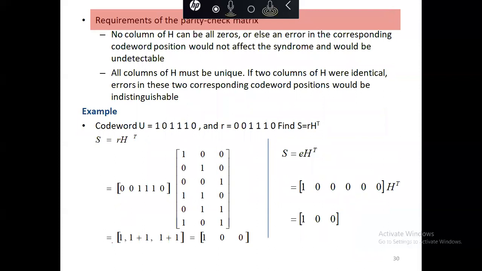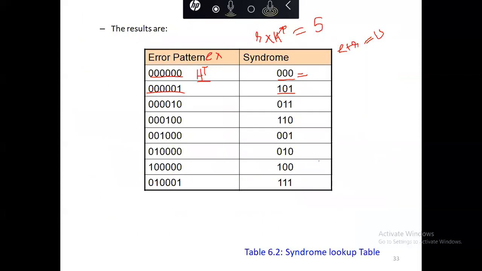So this is the example: the received vector with the H transpose matrix and the error pattern with the H transpose matrix both have the same syndrome, right? That's what I have said here, that the error pattern and H transpose have the same syndrome, and the received vector and H transpose have the same syndrome.